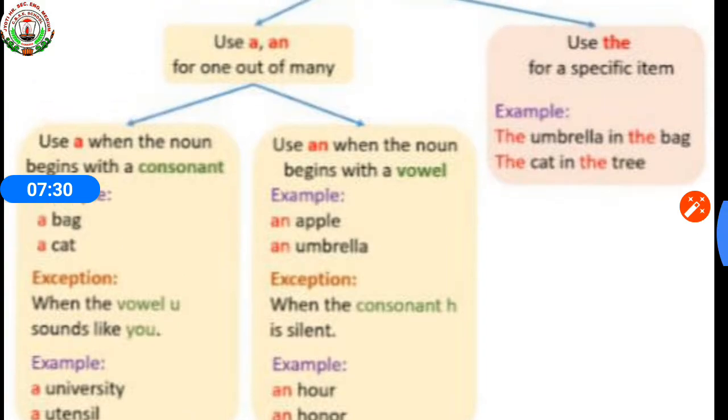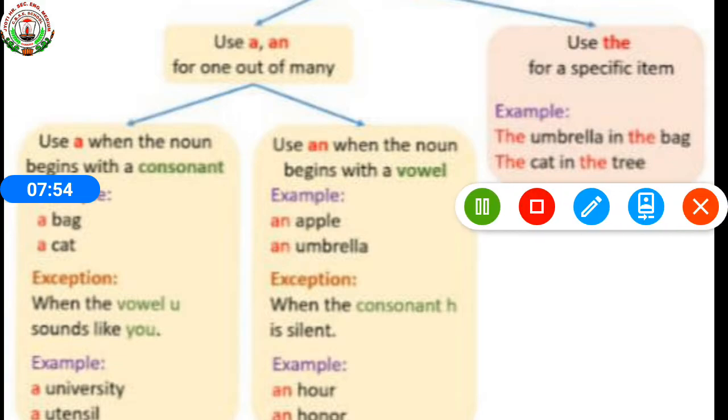Now we just see about an. We use an when the noun begins with a vowel. Means we use an with singular nouns which begin with a vowel sound: a, e, i, o, u.